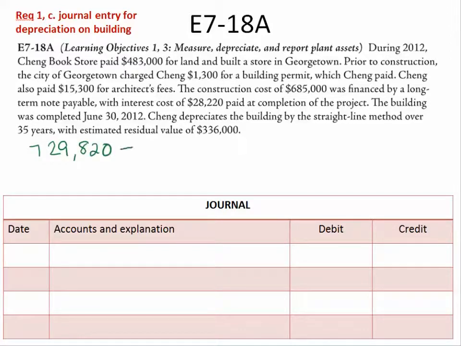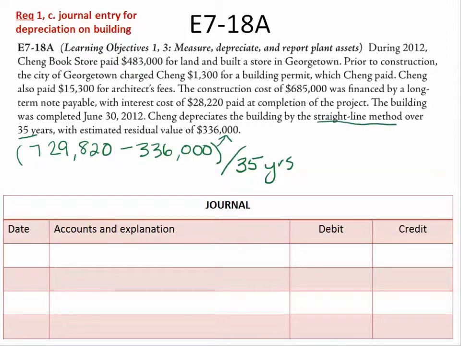The residual value is $336,000, given in the problem right above here. The difference is my depreciable cost. I'm going to divide that by 35 years, because the useful life on this building is 35 years. That will give me the straight line depreciation per year.